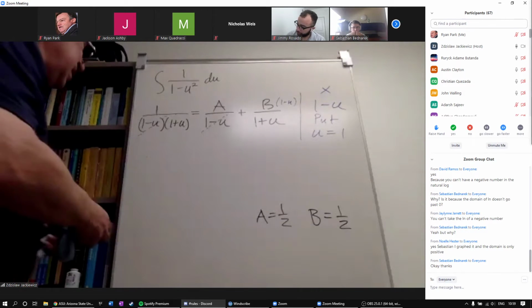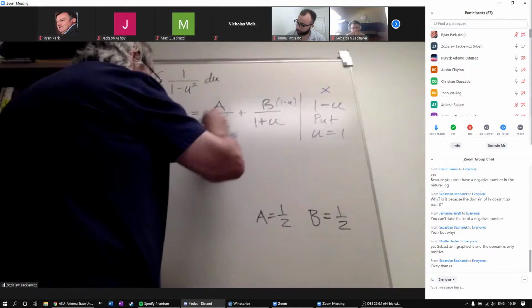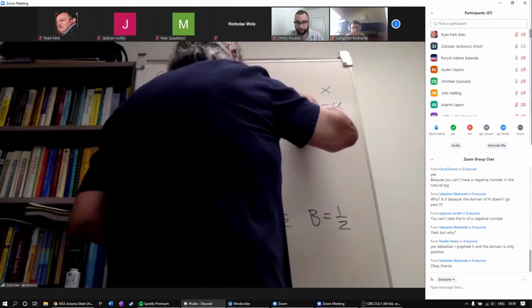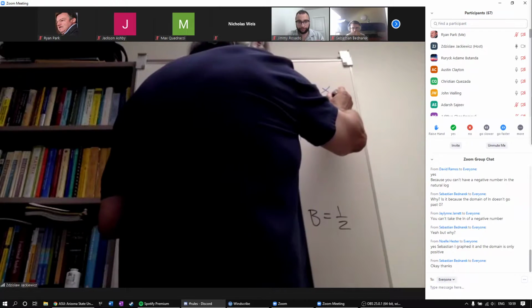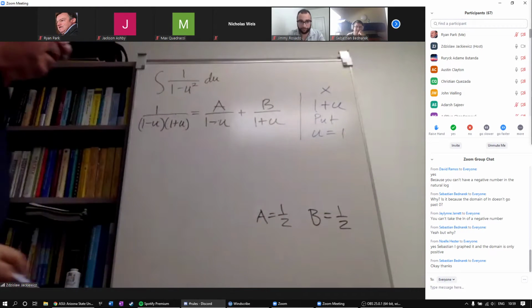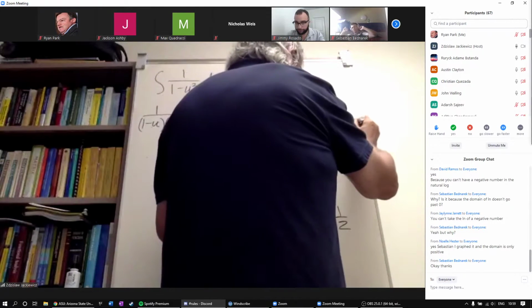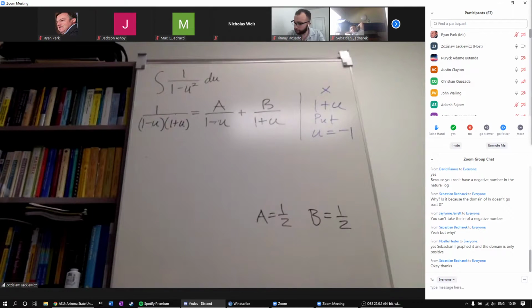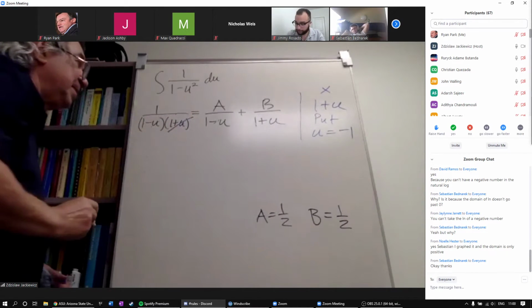Okay, and of course, same thing for this other constant. This time, you multiply by 1 plus u, and then you put u equal minus 1 to make this 0. See what happens this time.